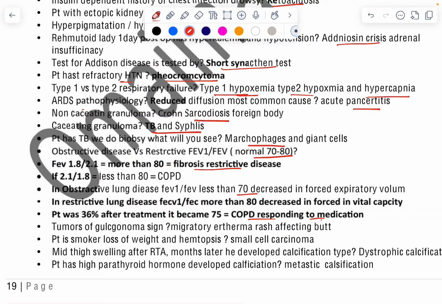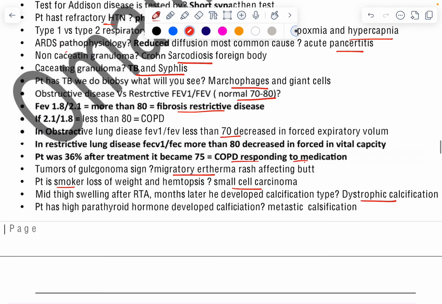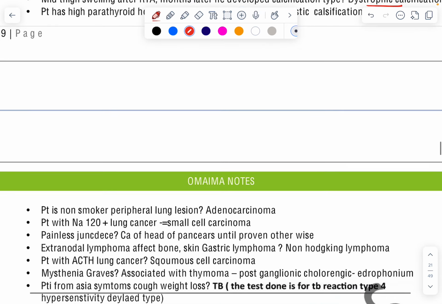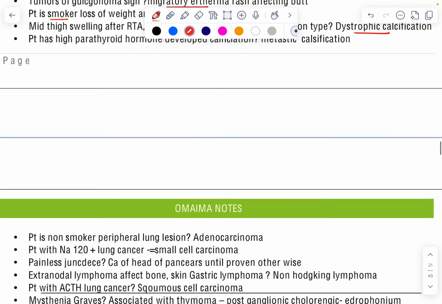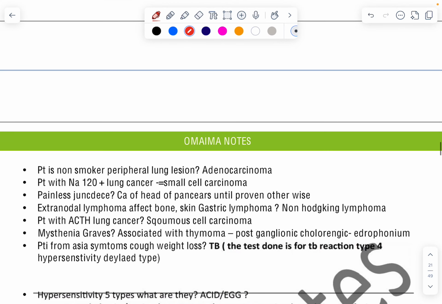Tumors of the lung, migratory, patient smoker: small cell. Mid-thigh swelling after trauma: dystrophic calcification. Patient with parathyroid: metastatic calcification. Patient non-smoker: adenocarcinoma.